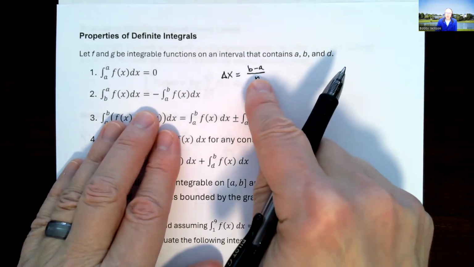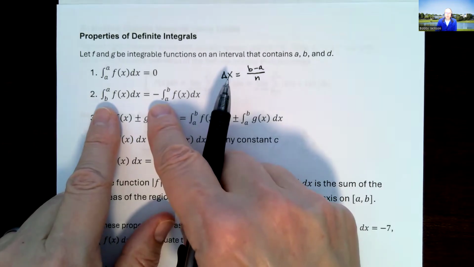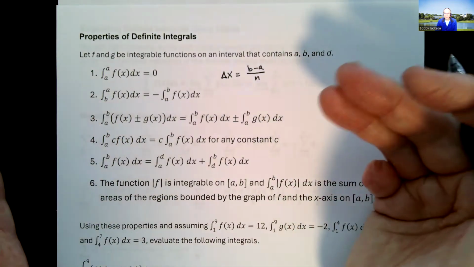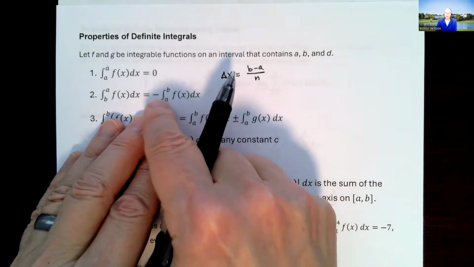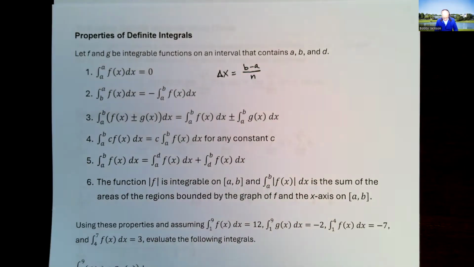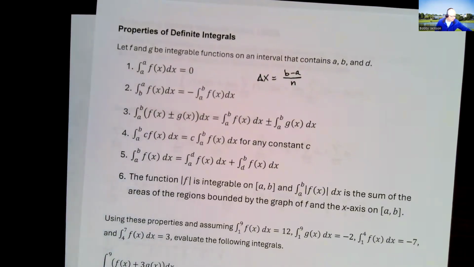Either way, it will change the sign. So we can have situations where the lower limit is bigger than the upper limit. If you don't like that, great. Simply swap the limits. Just be sure to multiply by -1. That's all you do. Just going back to this example that we just did. Where is it? Here.